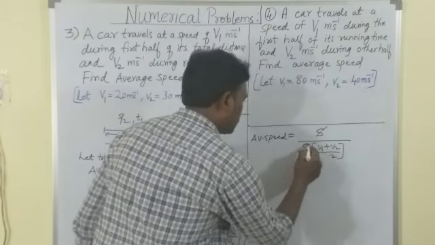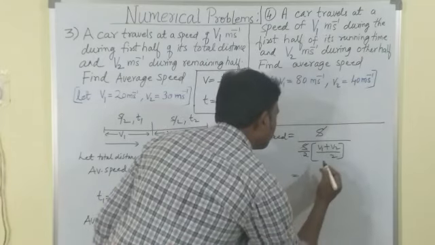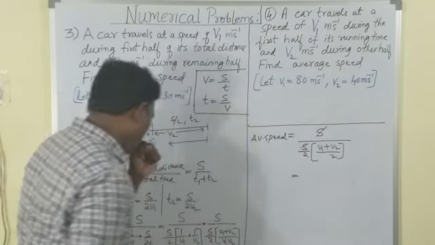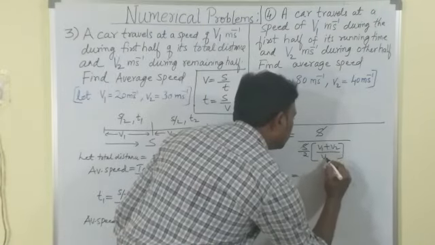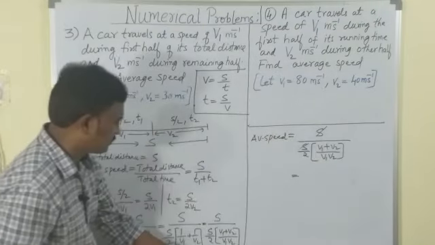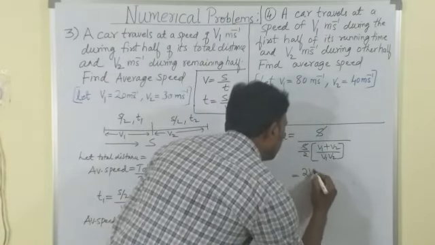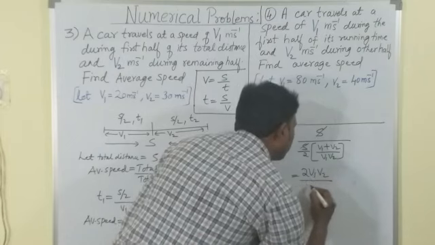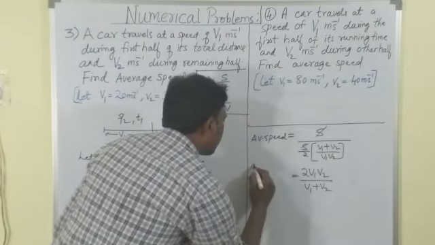I am cancelling these two S by 2 terms, and the denominator part comes up as V1 V2 by V1 plus V2. So the average speed is 2 V1 V2 by V1 plus V2.